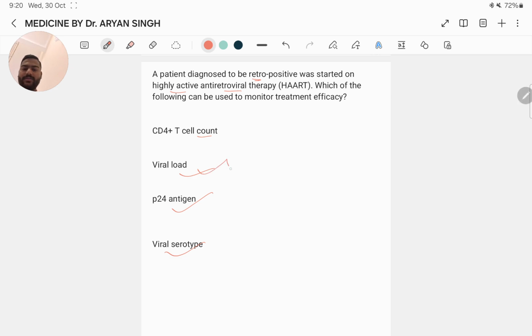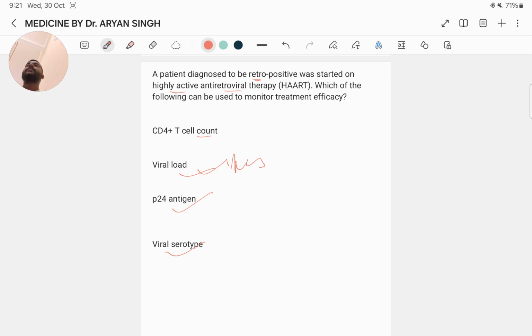Here the viral load is the answer, because the viral load can be assessed in a retropositive patient started on highly active antiretroviral therapy to monitor treatment efficacy.